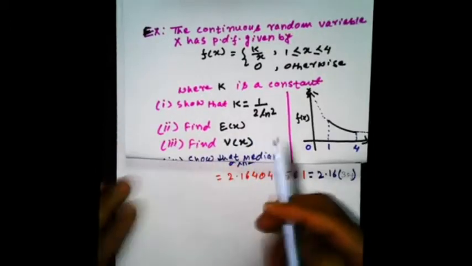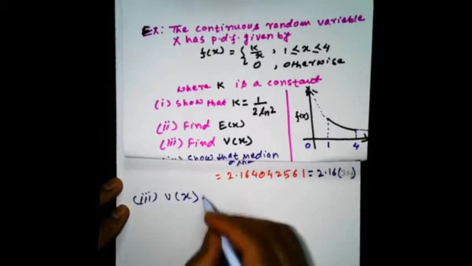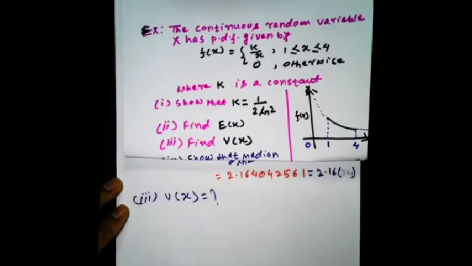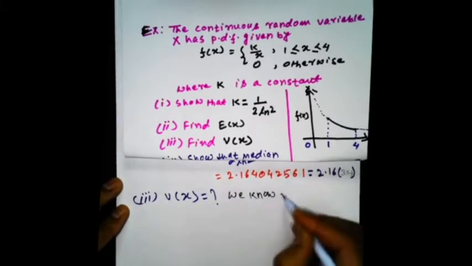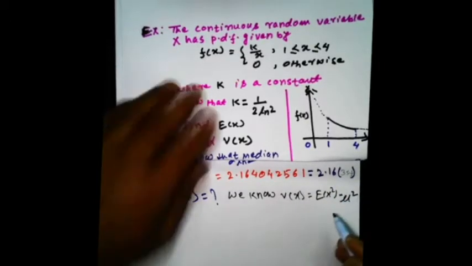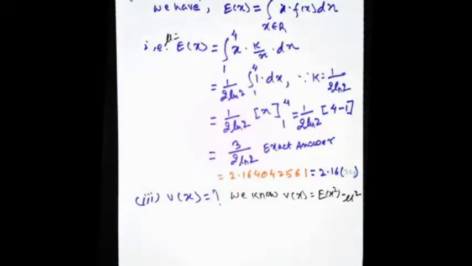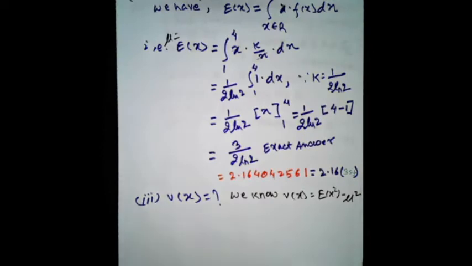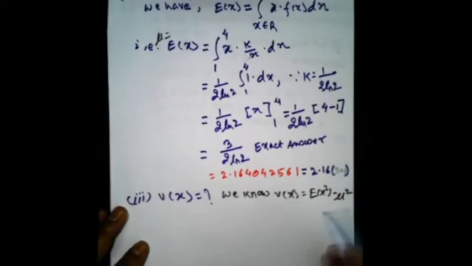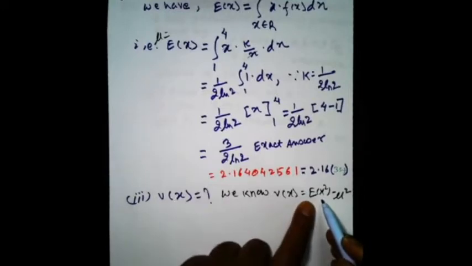Now in question number 3, we have to find V(X), and you know that V(X) equals what? We know V(X) equals the expectation of x squared minus mu squared. Mu squared means the square of this expectation of x. As we have already obtained the value of mu here, we work for E(X squared) now.